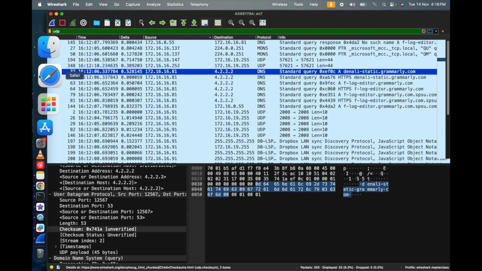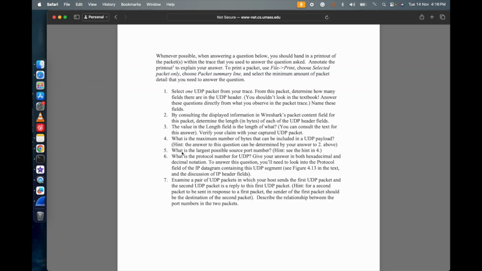And that's the answer for it. And the next question, what is the largest possible source port number? Similarly, the largest source port number is 2 power 16 minus 1, which is 65,535.